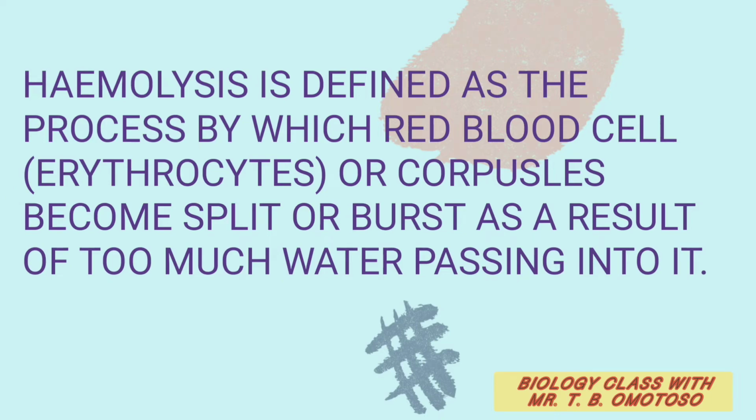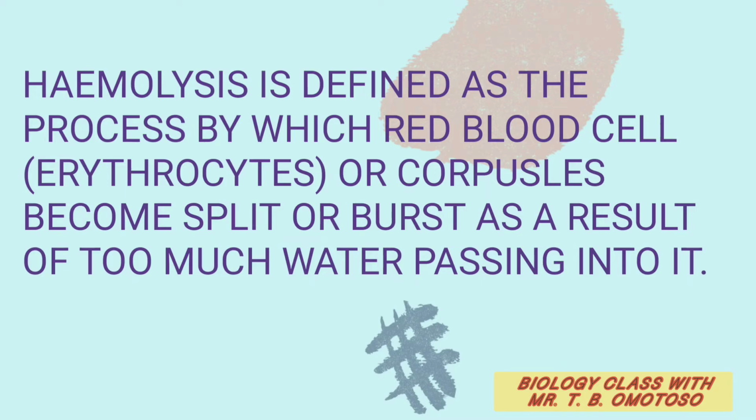It's defined as the process by which a red blood cell, which can also be called an erythrocyte or corpuscle, becomes split or burst as a result of too much water passing into it. So that tells you that hemolysis only happens to the red blood cell, which is an animal cell.